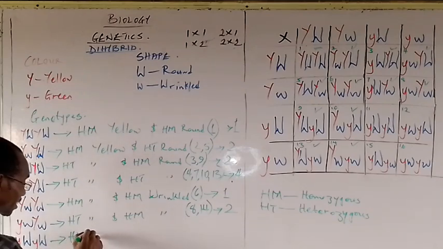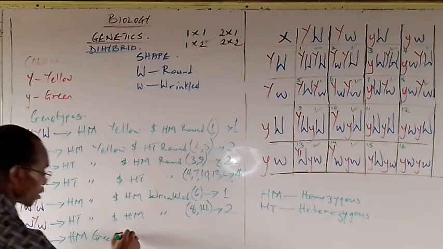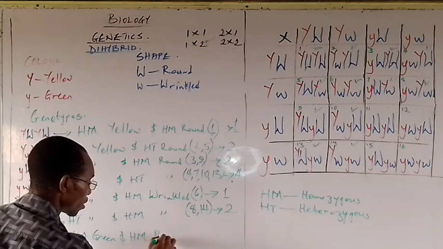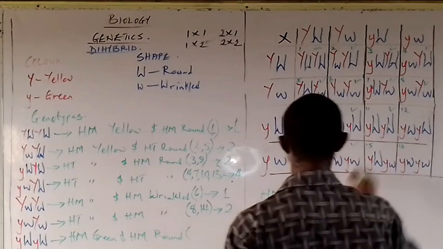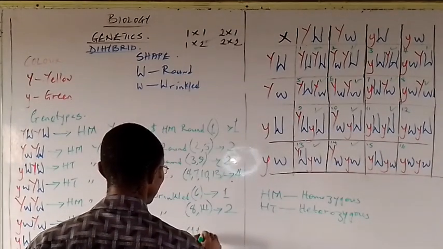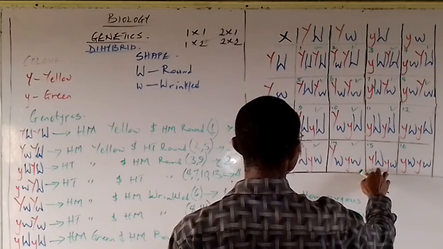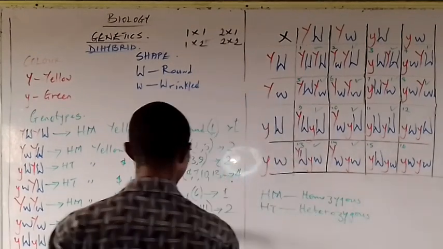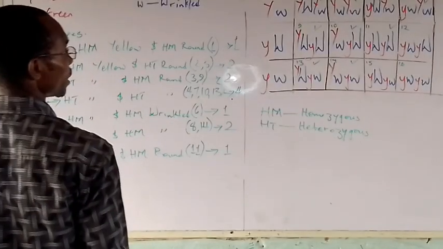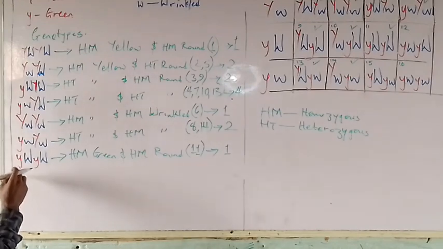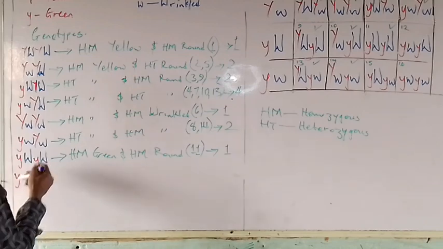So homozygous green and homozygous round. That is what we have in here. So we have it in number 11. Where else do we have it? Homozygous green. Okay, just number 11. And then the next one we have is small y, small w, then small y, capital W.